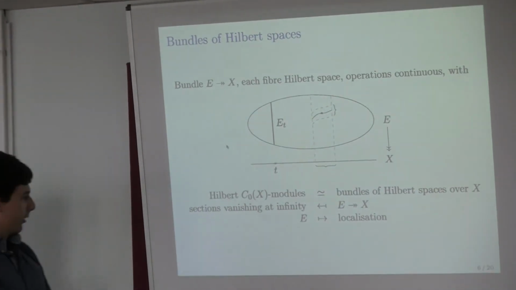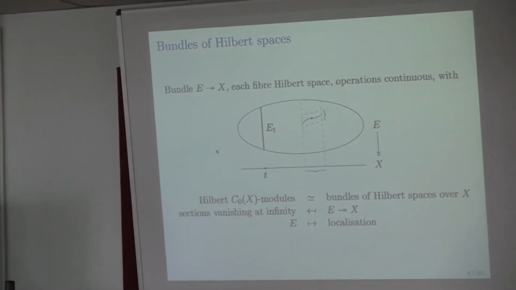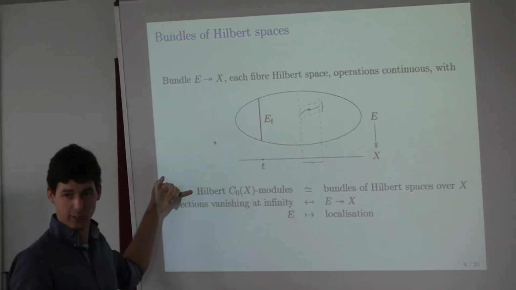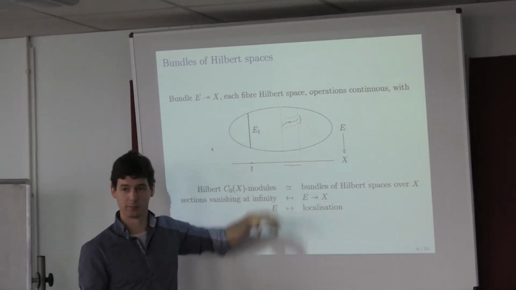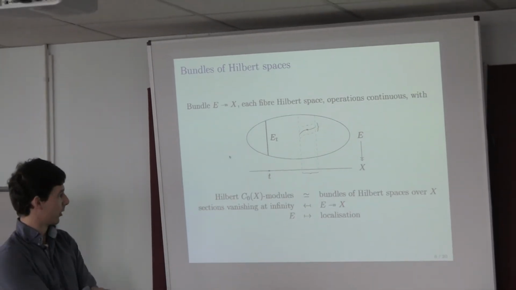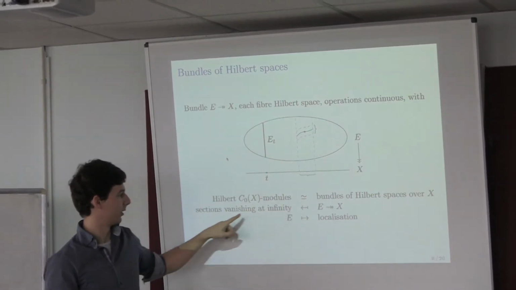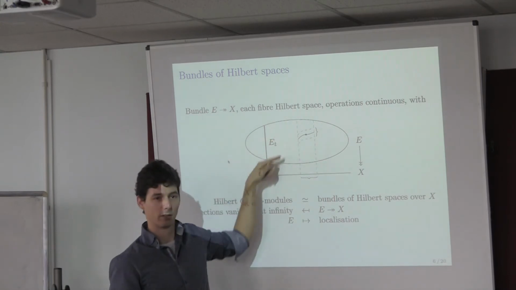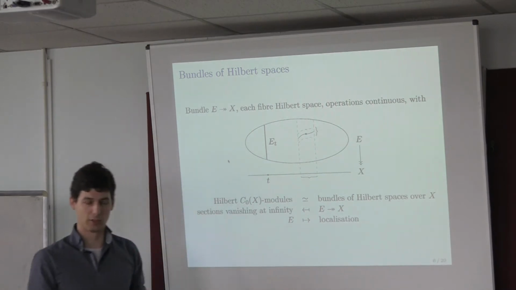And now there's a beautiful theorem, and it's saying that this algebraic definition and this geometric definition are the exact same thing. So if I take the category of Hilbert X-modules, it's equivalent literally as a category to a category of these things. So how does that work? If I have one of these over there, I can look at all the sections. So for every point in the base, I choose a point in the total space over it in a continuous way. It's a section.